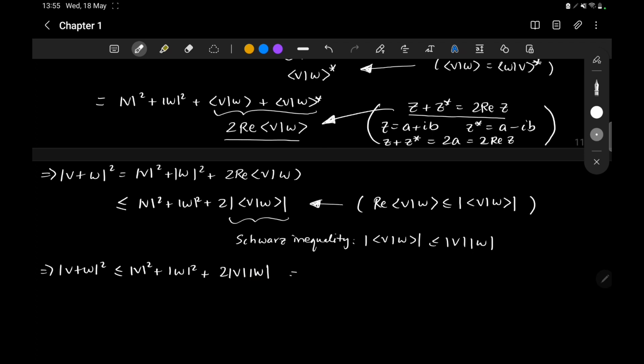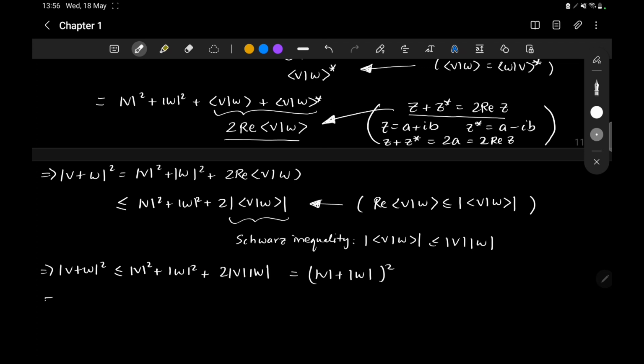Now this is nothing but mod of v plus mod of w whole squared, or this right over here, mod v squared plus mod w squared plus 2 mod v mod w.